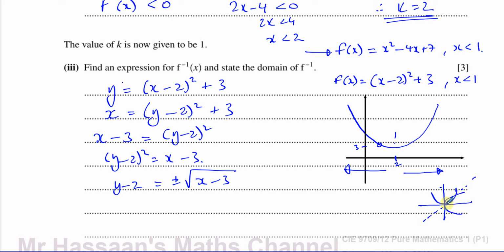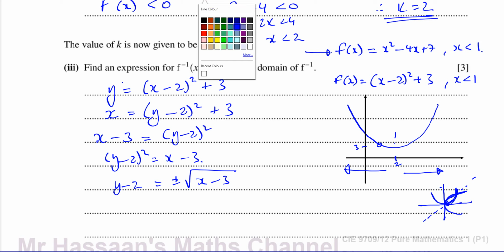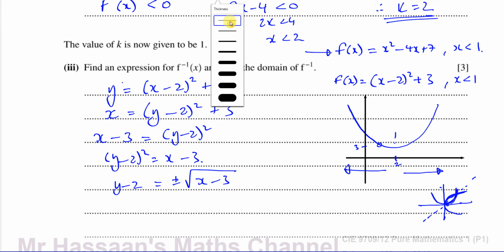The positive to the right of the vertex, its reflection will be the positive square root. And if you look at the left of the vertex, its reflection will be the negative square root. So if you have restricted your domain to the left of the vertex, then we choose the negative square root. If it's to the right of the vertex, we choose a positive square root.